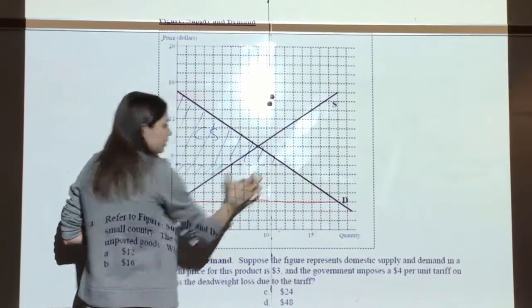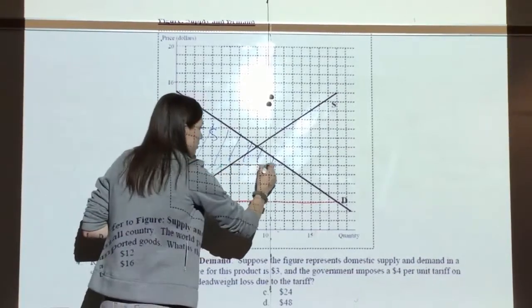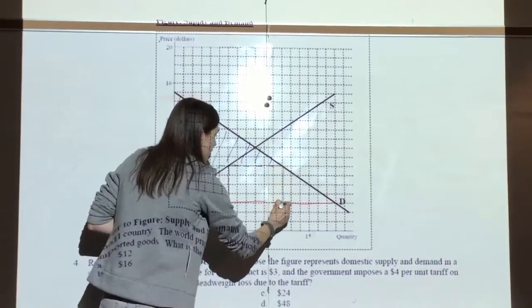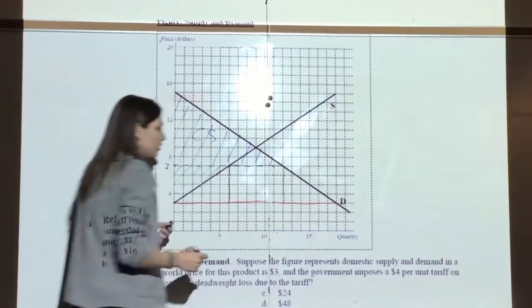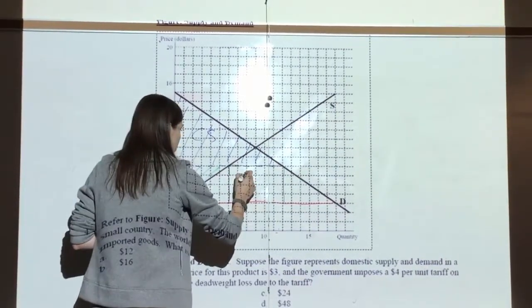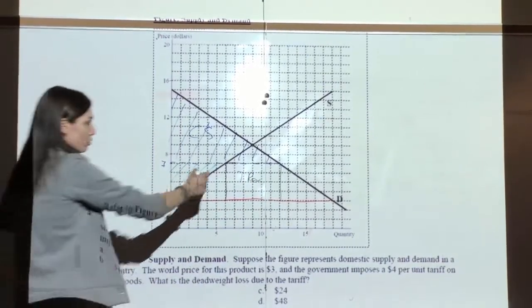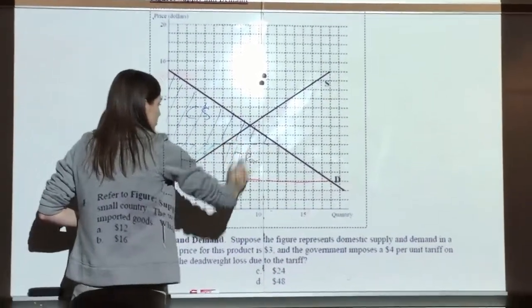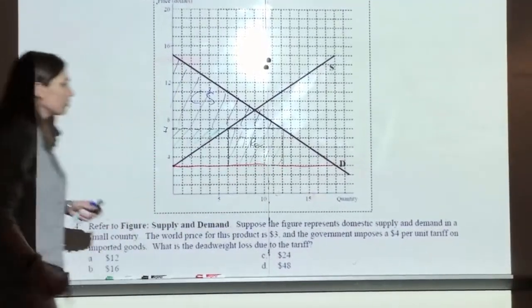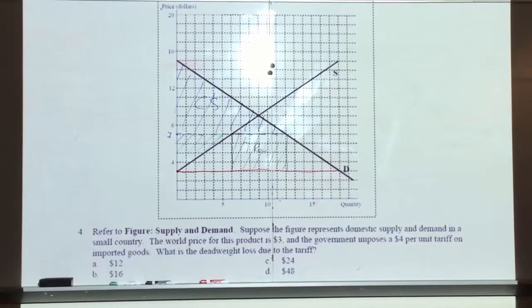And this is the amount that they're going to import when they impose the tariff. So basically this rectangle here would be the revenue that the government gets, which is also part of the surplus. Right. So now when we do this, we see that there are 2 areas that are left.